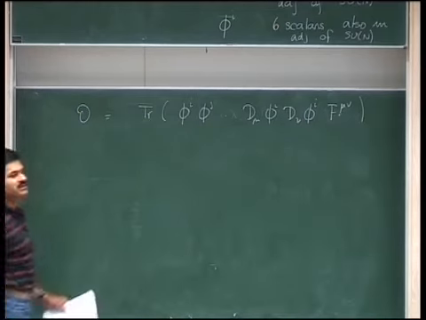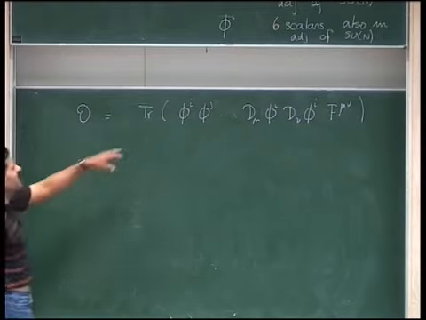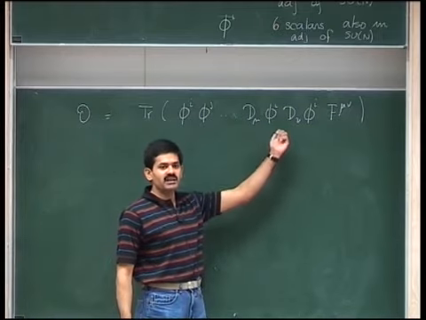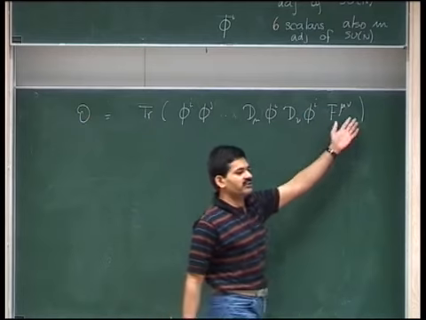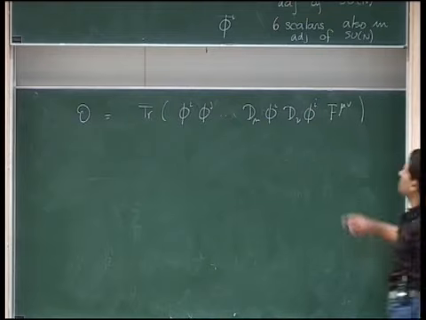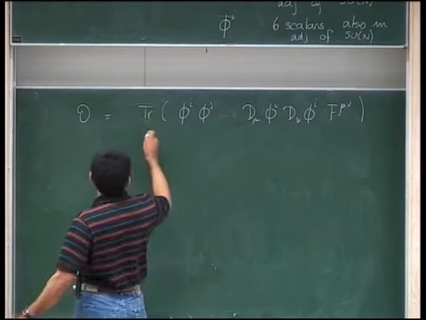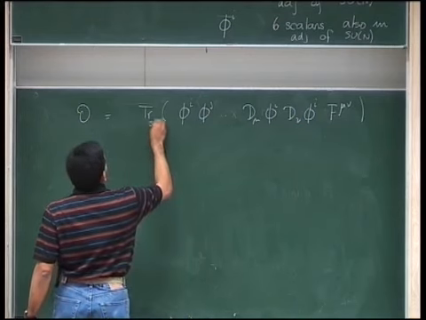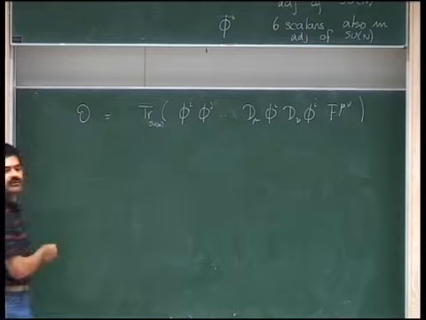I can stick together the scalars, covariant derivatives of scalars, gauge field strengths, and so on, all at the same point, and then make sure it's gauge invariant by taking a trace with respect to the gauge group.